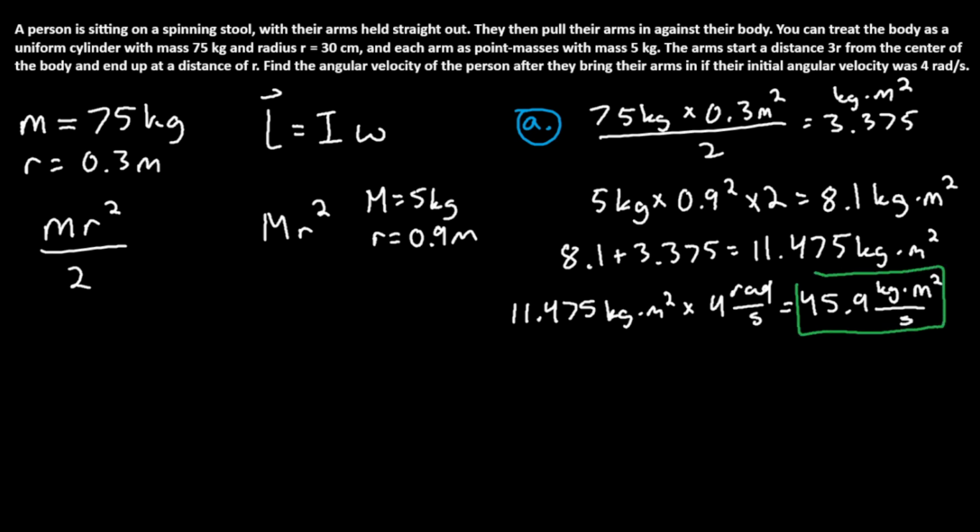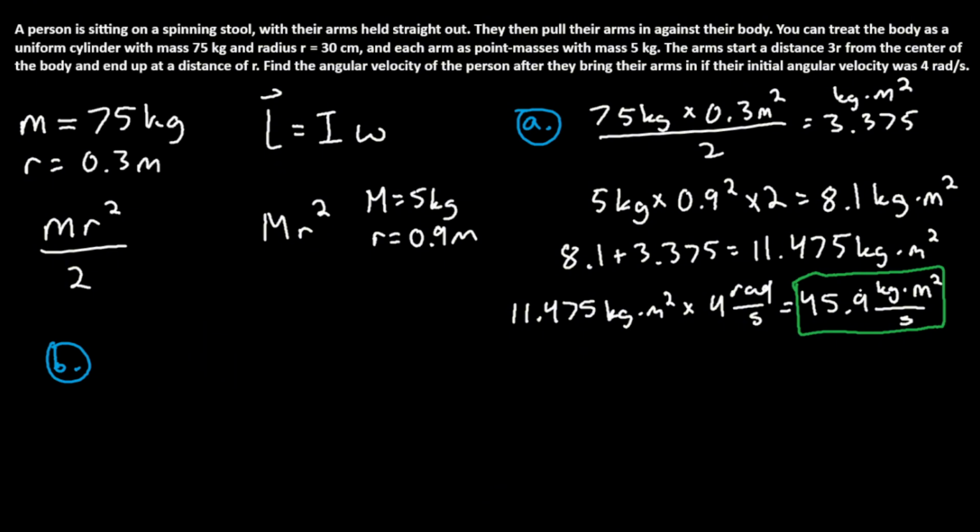We're going to use this for a calculation of the second case. So the second case is when the person brings their arms in. We'll treat that as part B. Now, what do we do here? Well, we know that the law of conservation of angular momentum states that the initial angular momentum should be equal to the final.